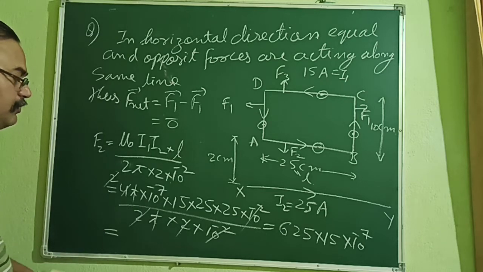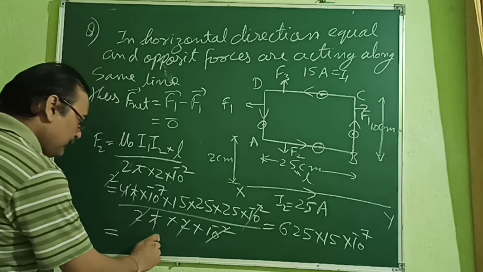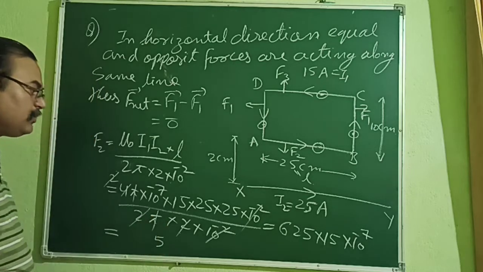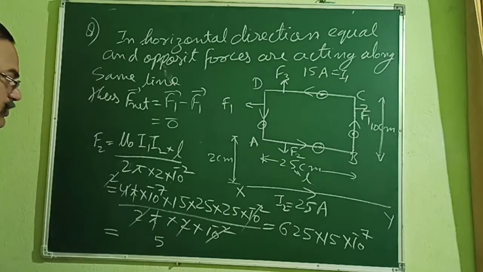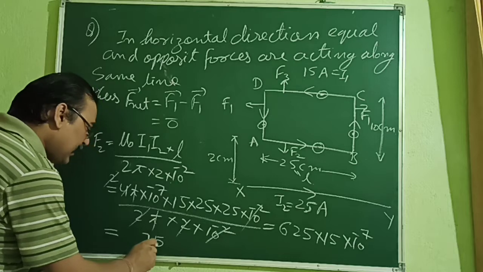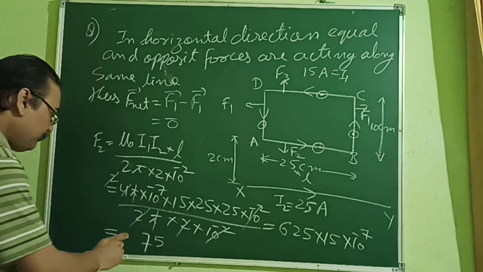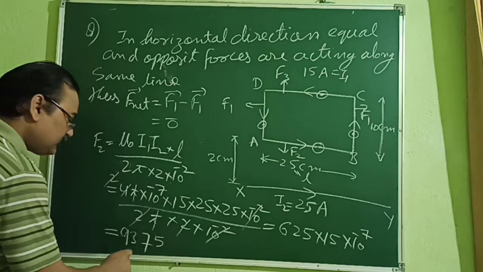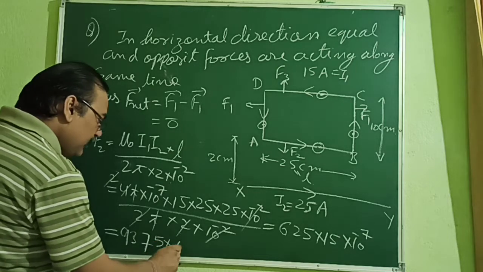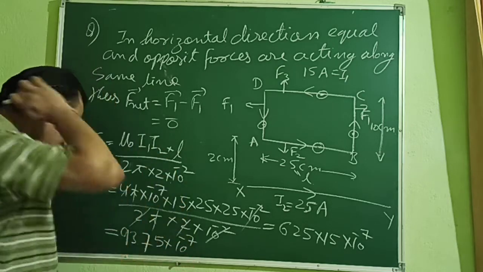So 15's 5 here, 75. We got 5, 7 is carry. 15 twos are 30, 30 plus 7 is 37, so 3 is carry. 15 sixes are 90, 90 and 3 is carry, so 93. Into 10 raised to the power minus 7.